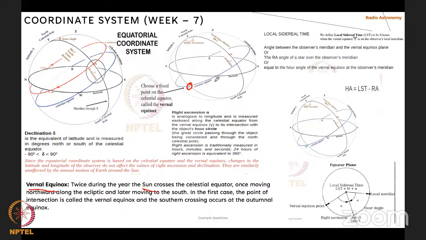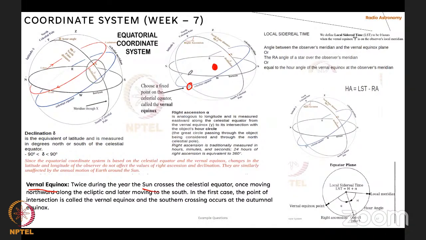Now you can think of this in a way like you have longitude and latitude on Earth to represent the position of a user. In the same way, if you extend that concept into space, you will have some kind of longitude and latitude to show where the source is. But we cannot extend this concept directly to space because it is an Earth-fixed coordinate system.